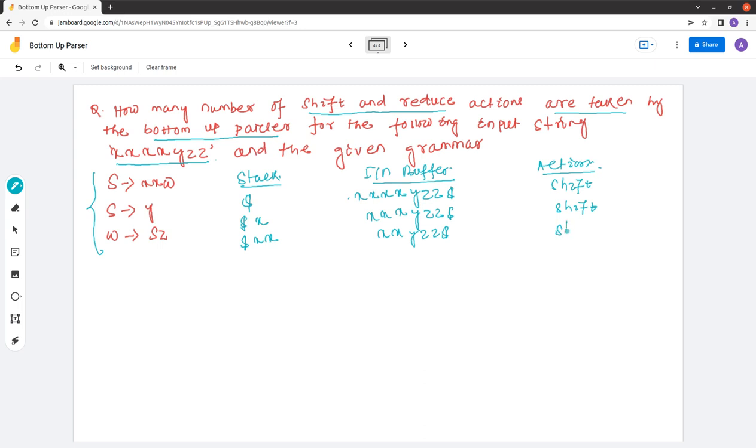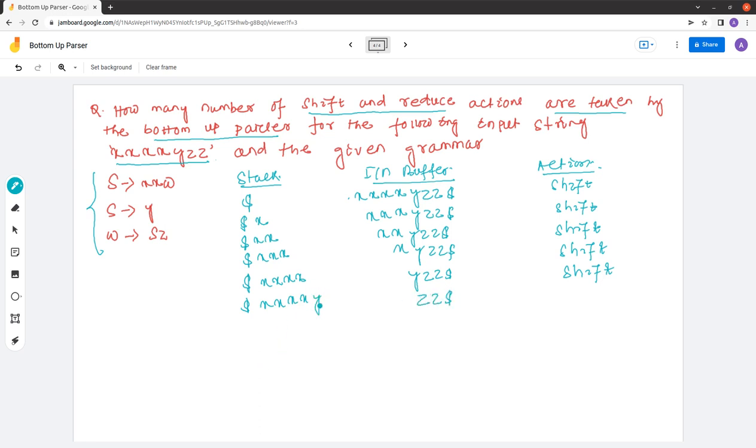Again shift: $xx, xxyzz$. There is no triple x in the RHS part. Again shift: $xxx, xyzz$. There is no 4x in the RHS part. Again shift: $xxxx, yzz$.